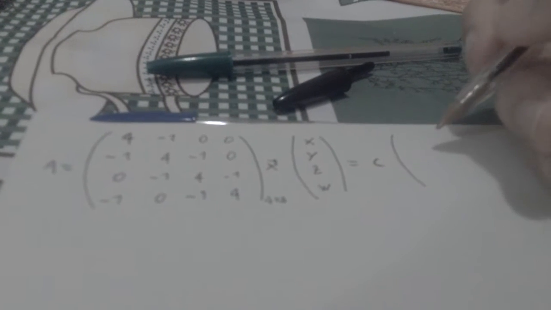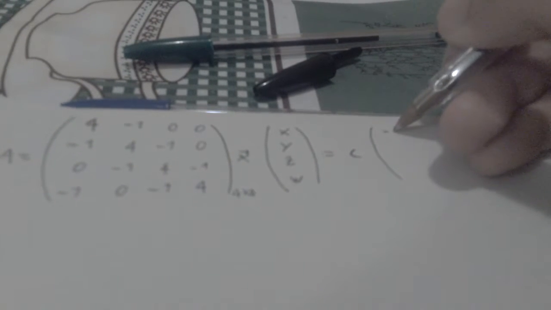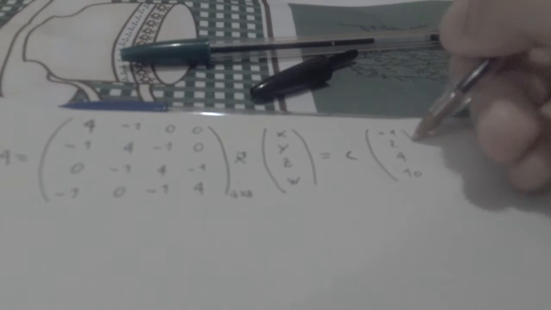This is equal to C, which has the values of the linear system of equations: -1, 2, 4, 10.